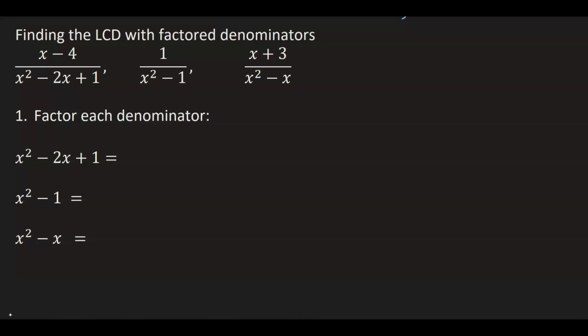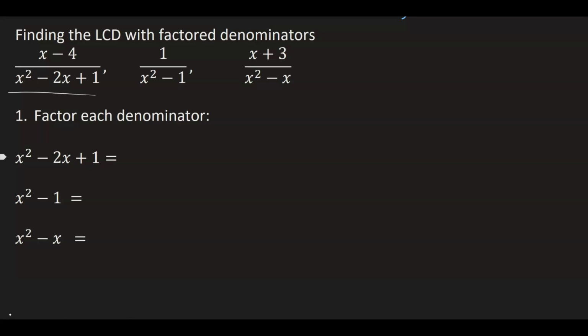Now, these are fairly complex fractions involving algebraic expressions. And in order to find the lowest common denominator, it is very helpful to be able to factor each, okay? So let's take a look at each of the denominators. First, I have x squared minus 2x plus 1, and I want to factor it.